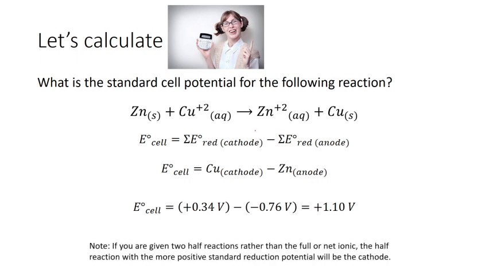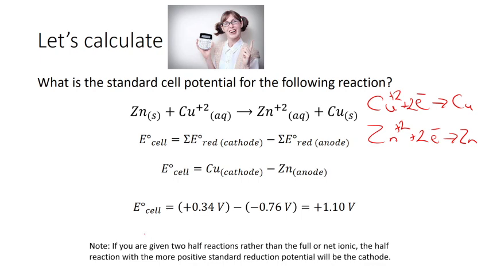One thing to note: if you are only given the reduction equations, so if you are asked to calculate the cell potential given the following reduction equations, you would have something like this and this. How can you tell which one is the cathode and which is the anode?